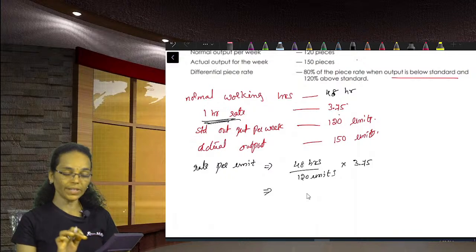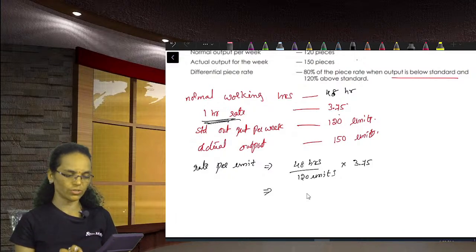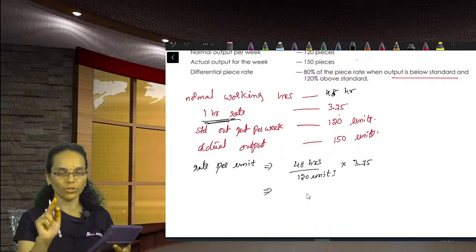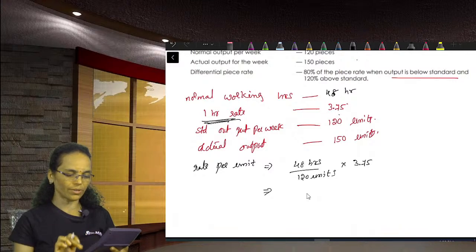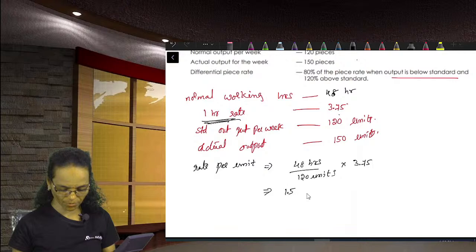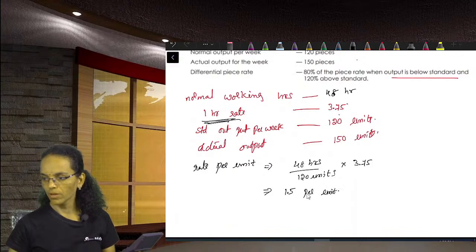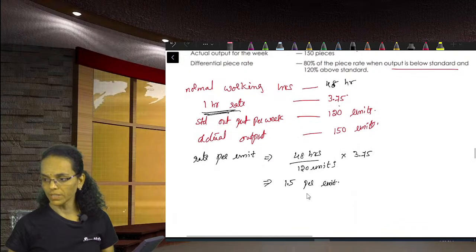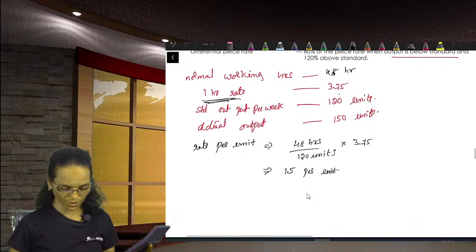So in 48 hours, they are supposed to produce 120 units. So we will come to know how many units they need to produce in an hour, in an hour into rate per unit. Rate per hour, that is 1.5 rupees per unit. Piece rate per unit, I can say 1.5 per unit.